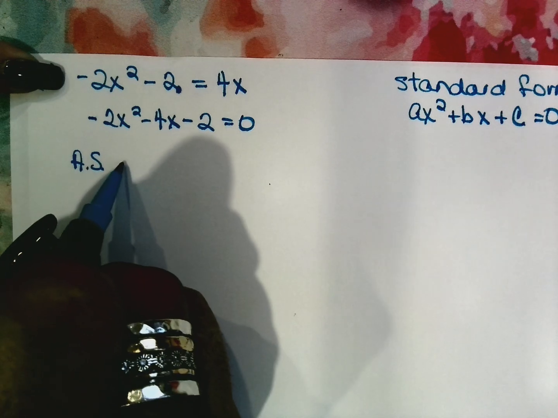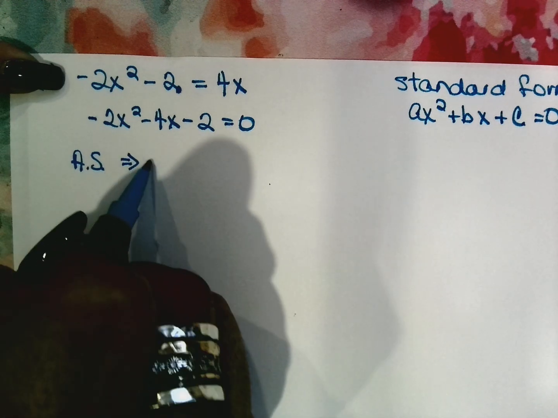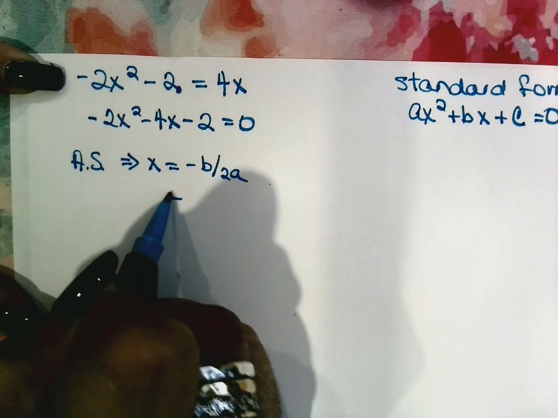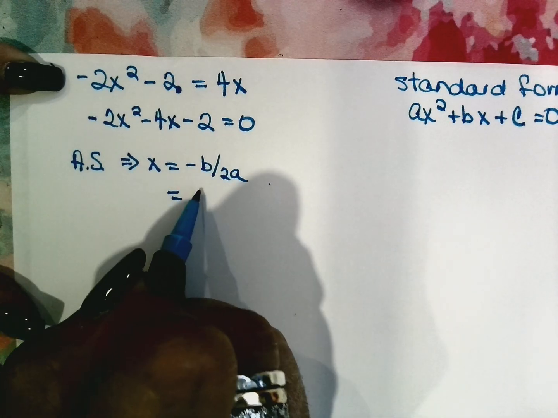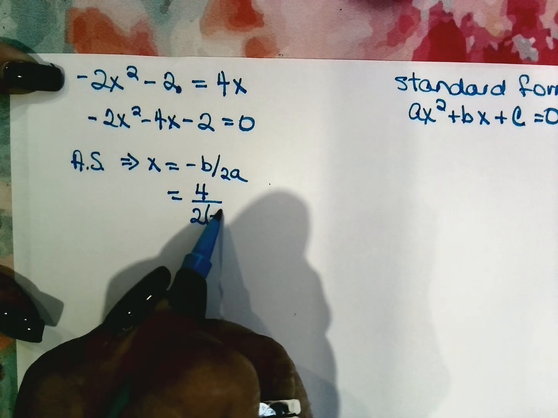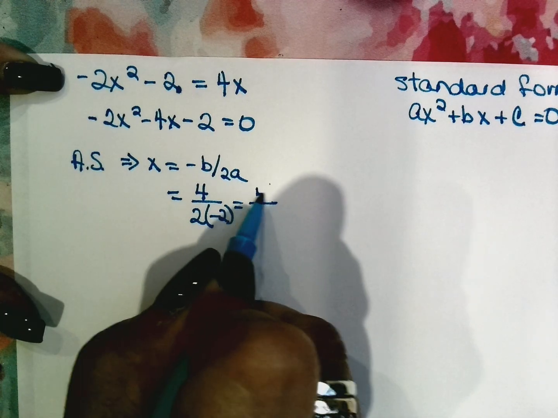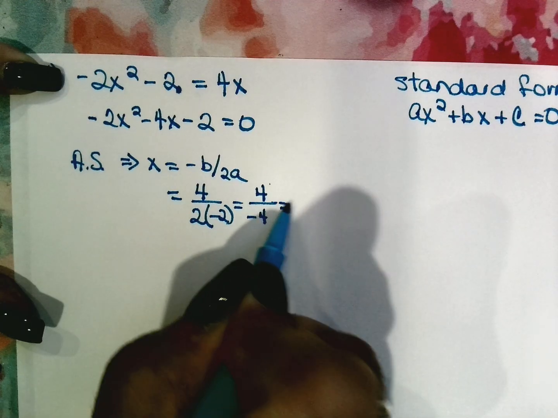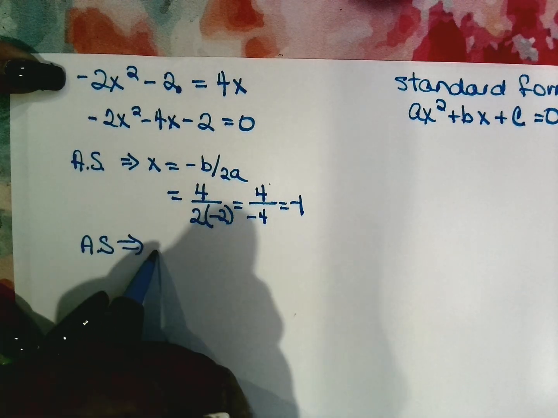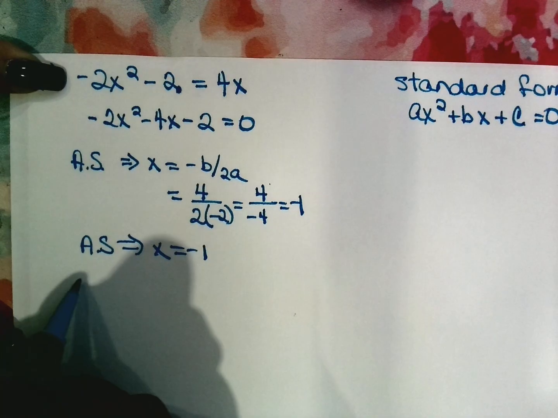So axis of symmetry is x equals negative b over 2a. So that's going to be negative negative 4, which is a positive 4, over 2 times negative 2, which is 4 over negative 4, which is negative 1. So my axis of symmetry is x equals negative 1.